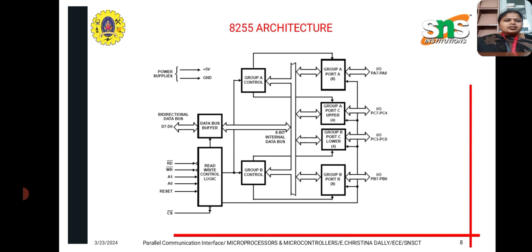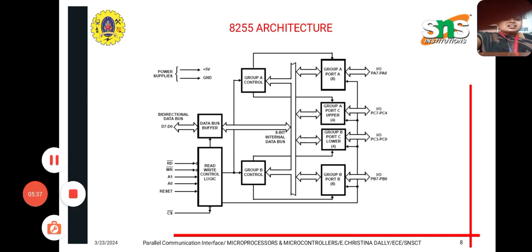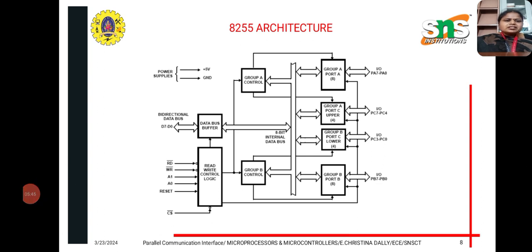Group B control also consists of two blocks: port B control and port C lower. Port B consists of 8 pins, and the remaining port C lower consists of 4 pins. All the data is connected with the modes of operation, the communication between the internal data bus and the buffers.